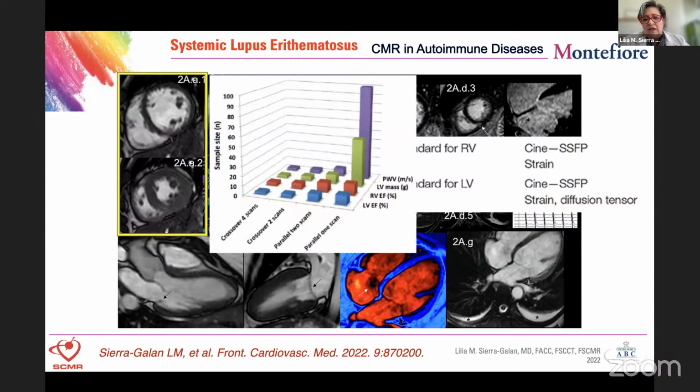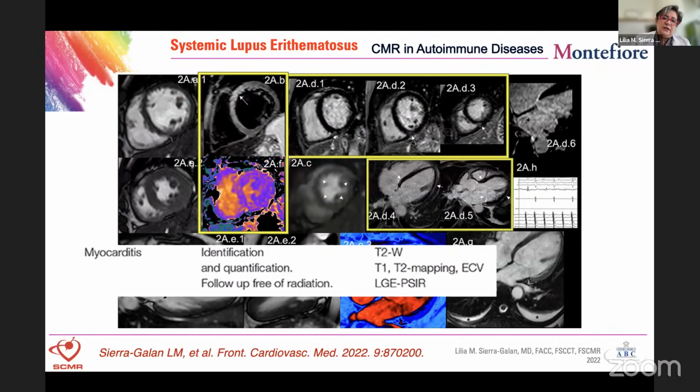Many publications have demonstrated the importance and relevance of this, and even its high reproducibility that allows us to use a smaller sample size for a clinical trial. So we don't need to discuss more about the function, but it is the gold standard.